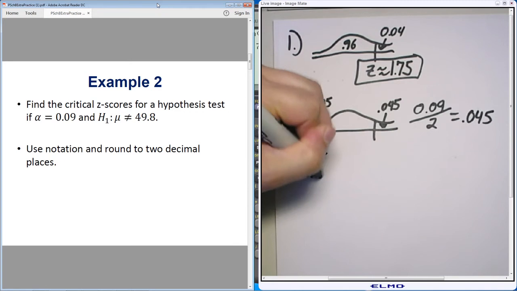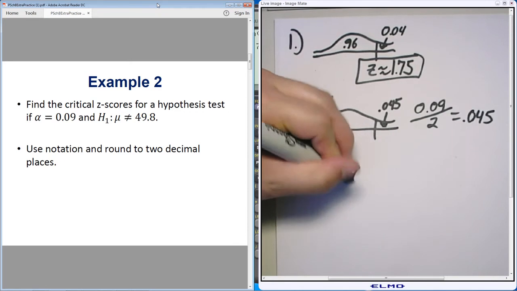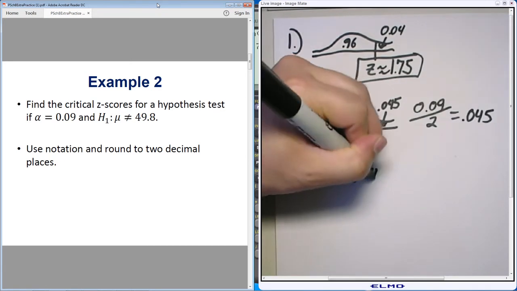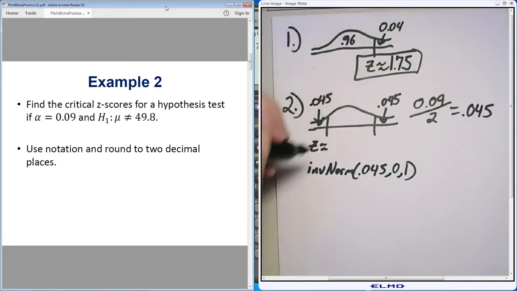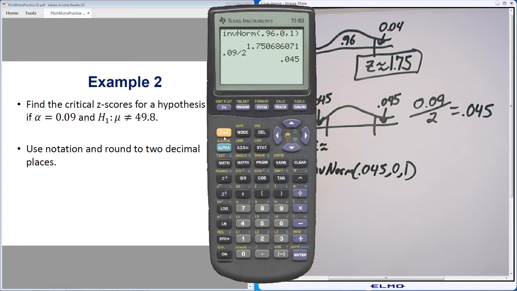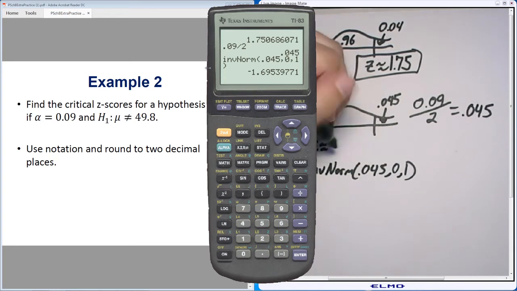Alright, to do that I'm going to use inverse norm, 0.045, 0, 1. Rounded to 2 places, I get negative 1.70.